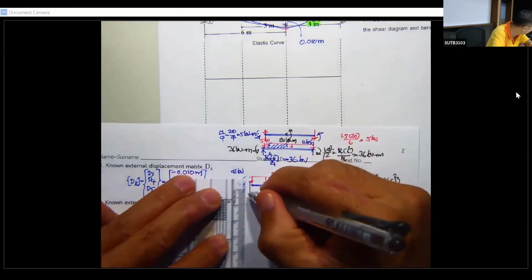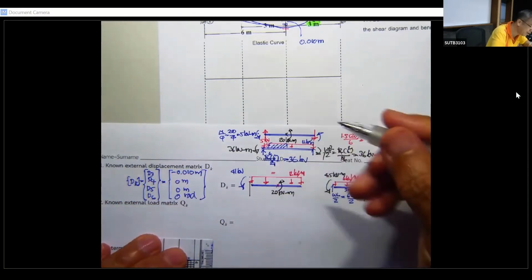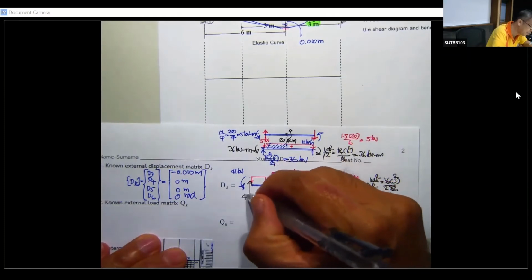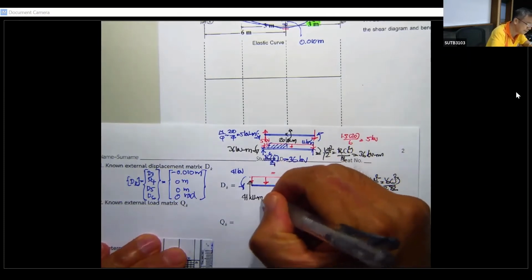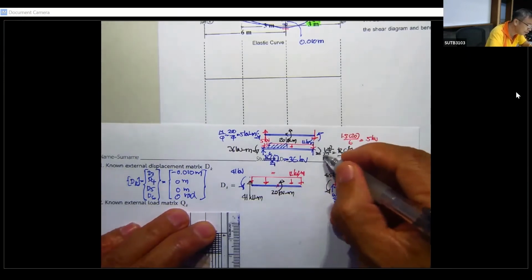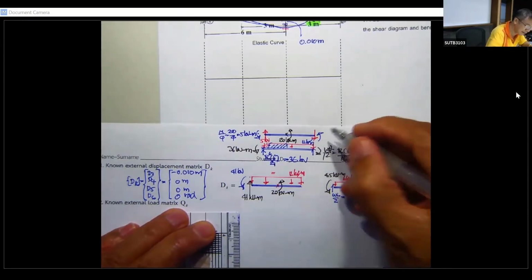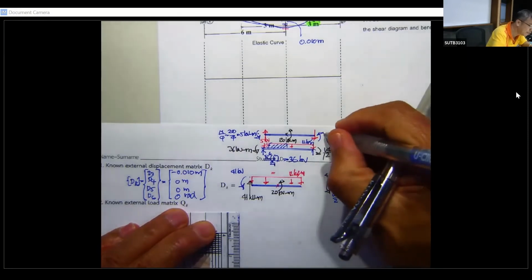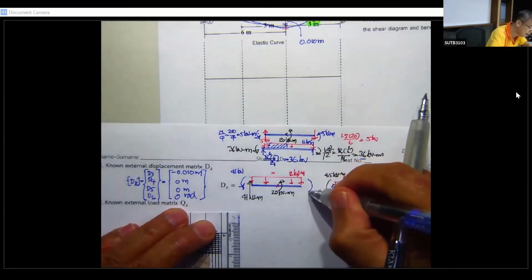Also we have this one for 41 kilonewton meter. This one 41 kilonewton meter, and then this one and this one is going to be in the opposite. This is 5 kilonewton meter, this is 36, and the 36 must be the larger.